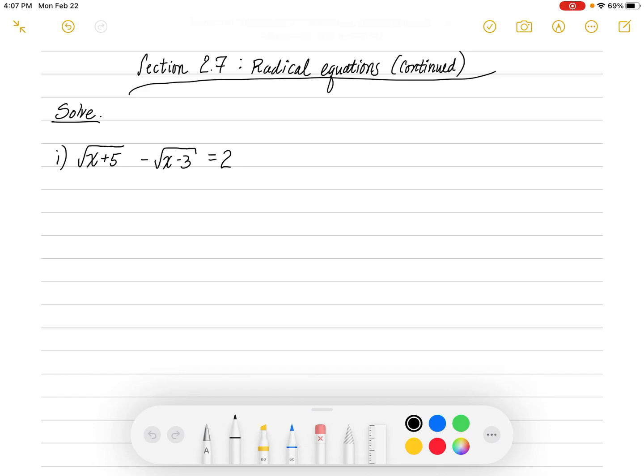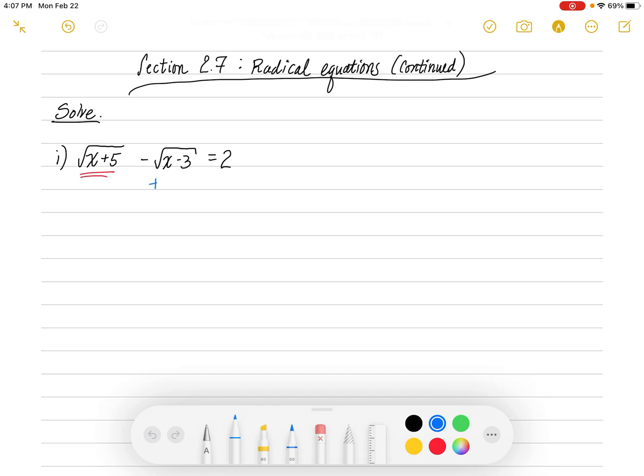So our strategy here is going to be to get one of the radicals by themselves. I'll get this one here by itself that I underlined in red. That's the easiest one to get by itself.